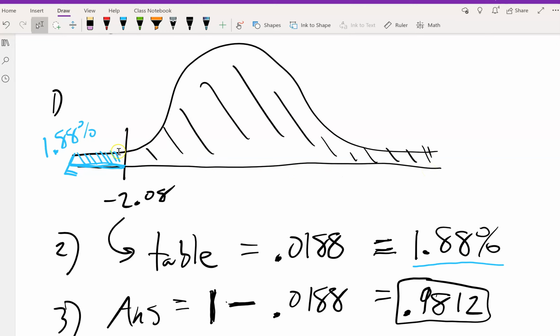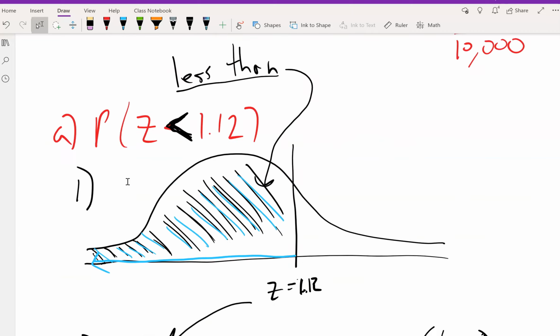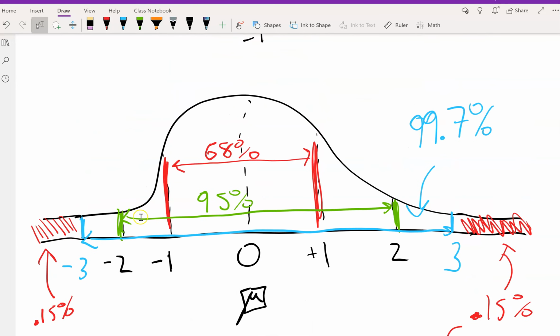Only a small fraction of the world's population, or whatever population you're studying, is going to fall below a negative 2.08. That's why whenever I write in this class or whenever I talk, I think about outliers. I think of outliers being below a negative 2. And that's just a classic definition going back to this picture. Anything below a negative 2 or above a 2, there's not much there.